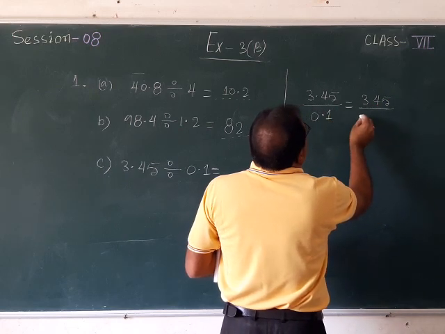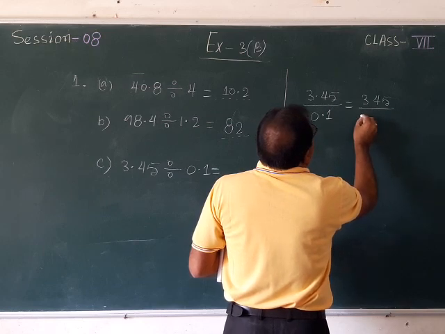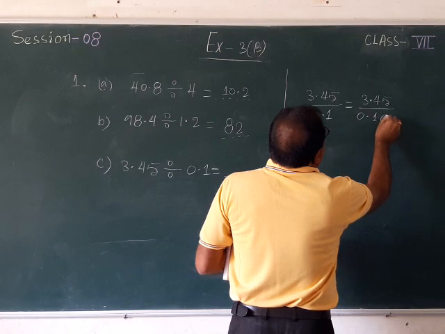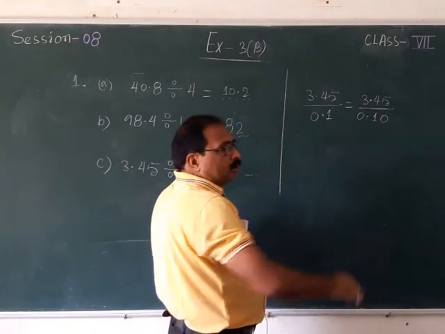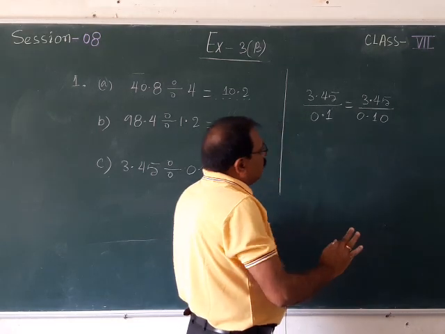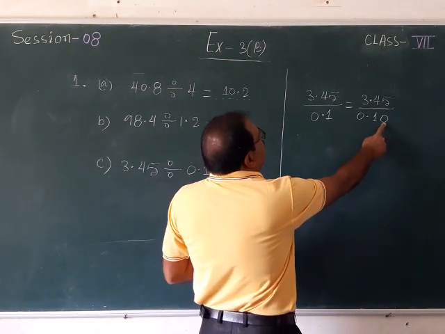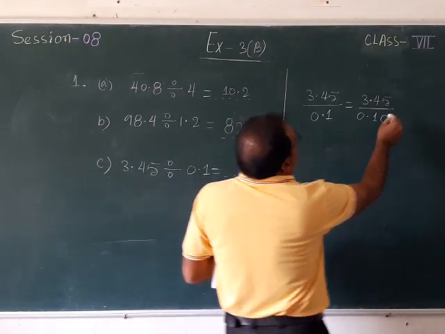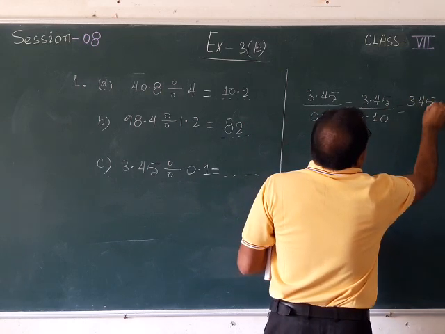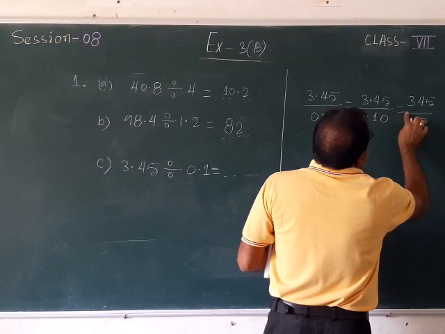So after the decimal, if I put a 0 here, it is meaningless, the number does not change. So here I have given a 0. Then this number can be written as 345 upon 10.